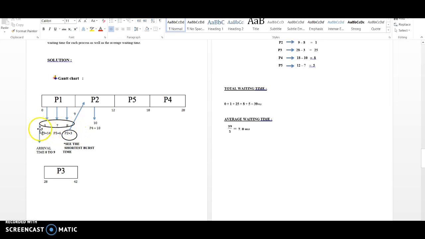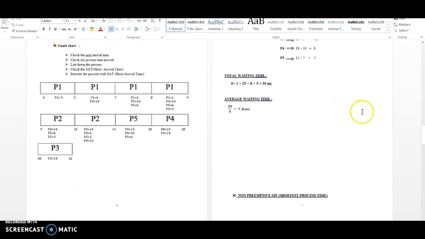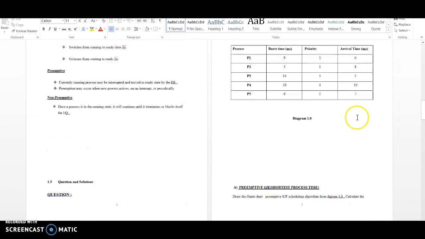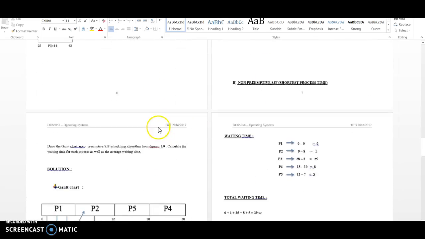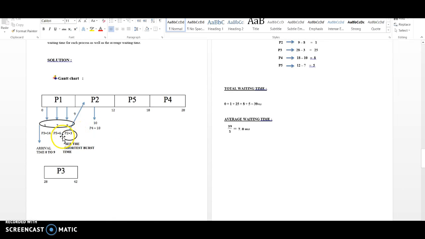So we already listed up. We have to see the shortest burst time, because we got no other process, only 10. So this is the first step. We plus 9 plus 3, we get 12.